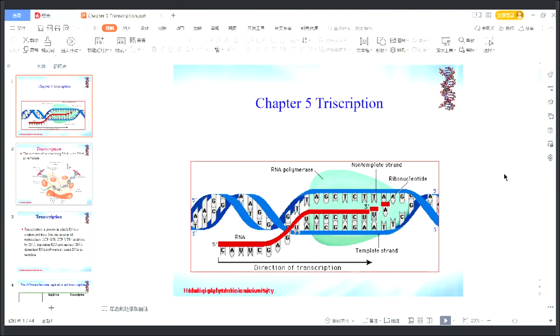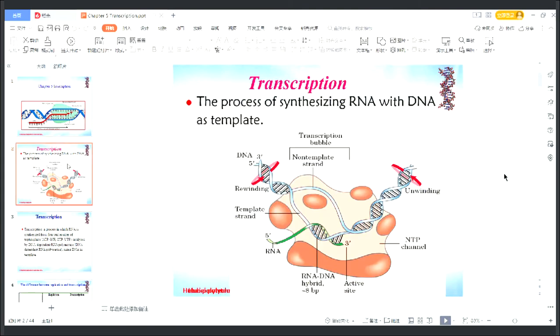Okay. We studied what transcription is. Transcription is the process of synthesizing RNA with DNA acting as the template.